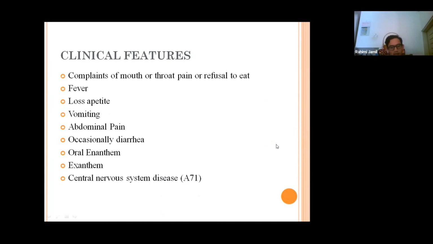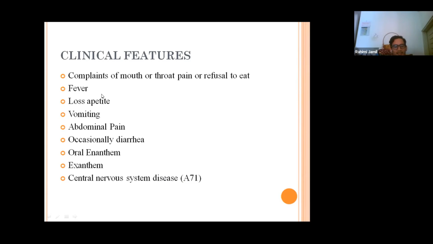For the clinical features of HFMD, the patient typically presents with a complaint of mouth or throat pain or refusal to eat due to the oral enanthem, which I will explain later.